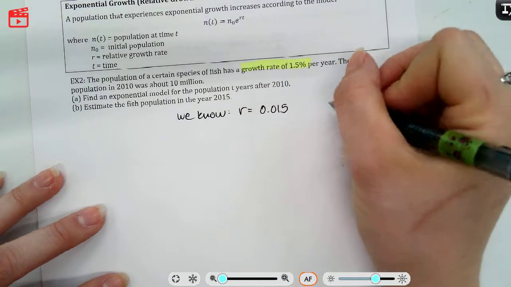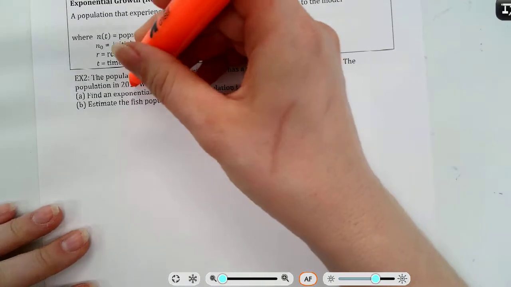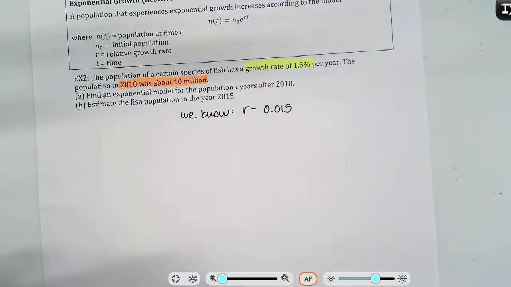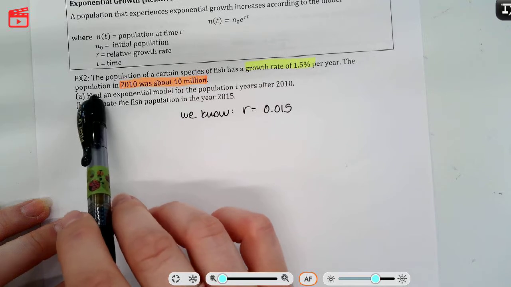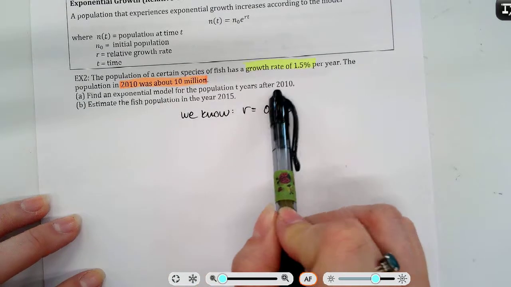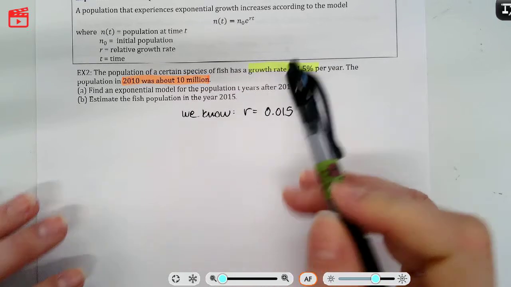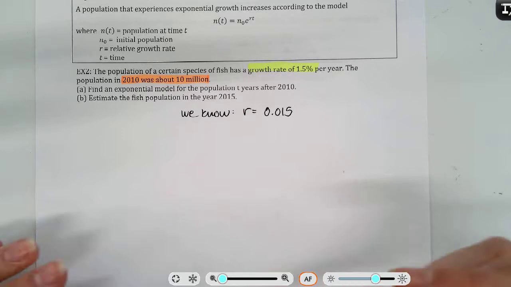All right, and then what else do we know? We know the population in 2010 was about 10 million. Okay. But notice, we want a model starting at the year 2010. Because T starts after 2010. So our beginning time is at 2010.